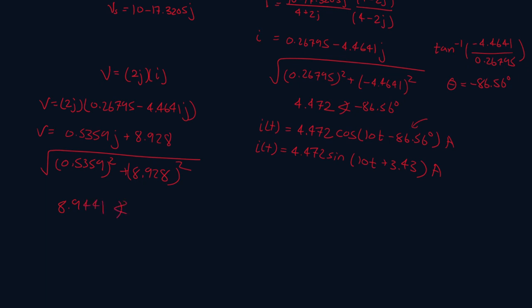And then let's get the degree, which will be tan inverse the imaginary part, which was 0.5359 all over 8.928. And let me see what that gives me. That gives me 3.435 degrees.